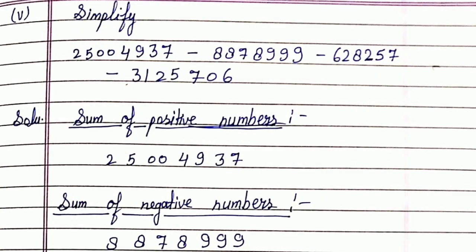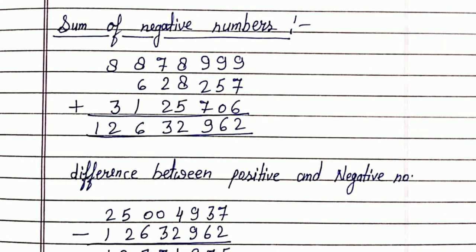Now see the fifth part also. The same procedure we will follow, but here you can notice that only one positive number is given. So as it is we will write it in place of the sum of positive numbers. Then we will find out the sum of negative numbers. Here as you can see, 3 negative numbers are given, so we will write them here.